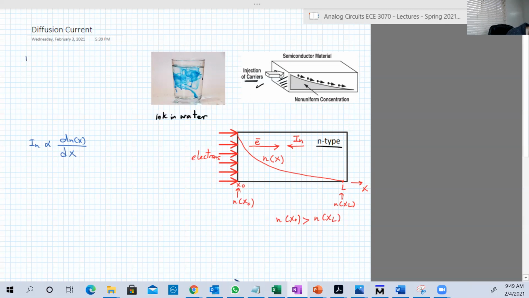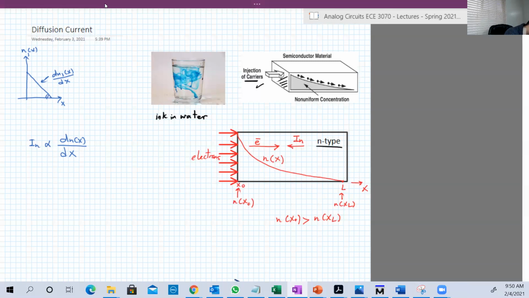Let's assume, for example, a linear relation like this. Two linear relations in N of X. Let's call it N1 of X, so this is X, and here is, for example, one slope. So this is dN1 of X by dx, which is the slope of that line.